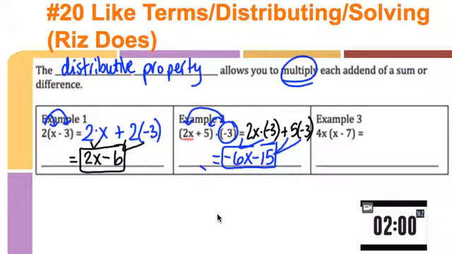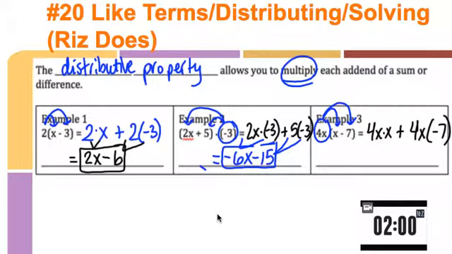Now if you want to try example 3 on your own, feel free to pause and try it on your own. Otherwise, I'm going to go ahead and do it. So in this situation, I'm going to multiply 4x by x, and then 4x by negative 7. So I'm going to write that out. So that's 4x multiplied by x, and 4x multiplied by negative 7.